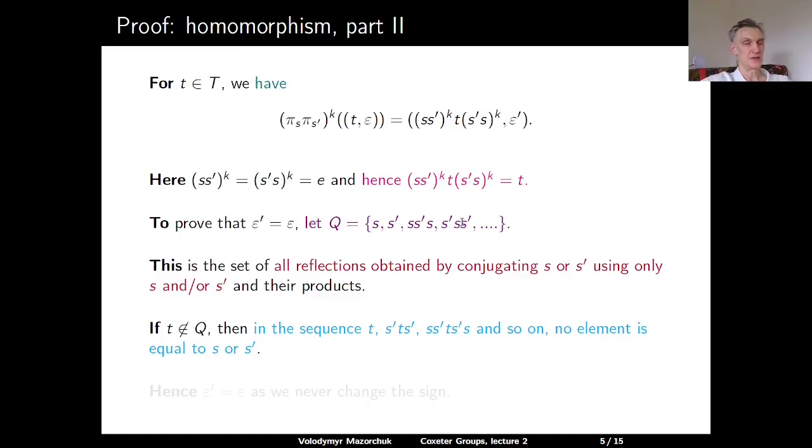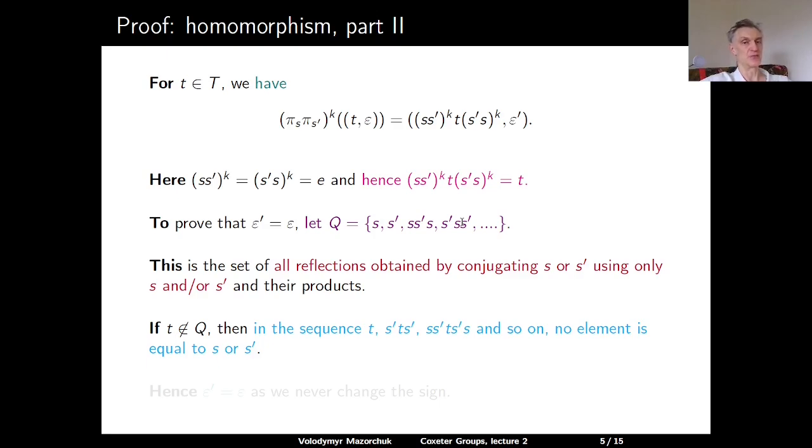If we have some reflection t which doesn't belong to the set Q, then in the sequence t, s prime t s prime, s s prime t s prime s, and so on, no element is equal to s or s prime.